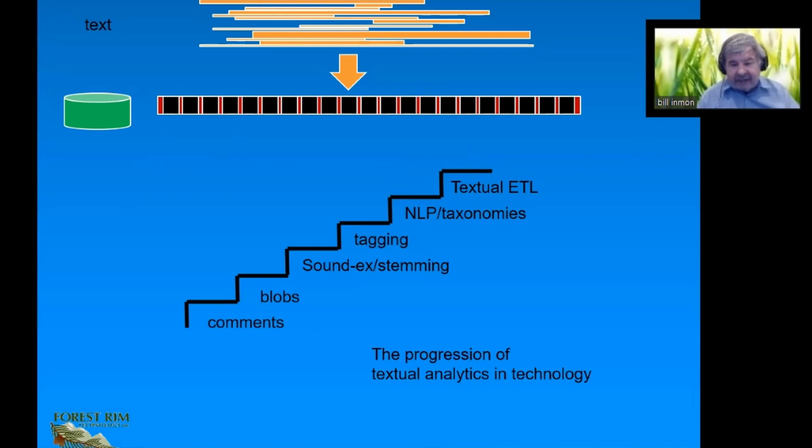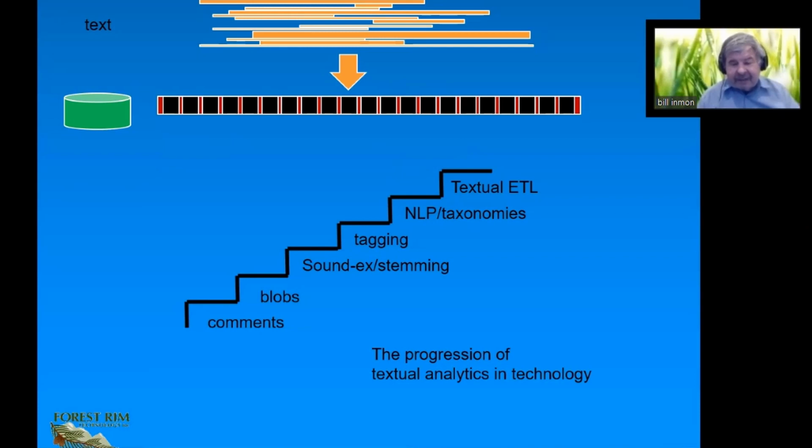And after tagging, we have NLP, taxonomies, and machine learning. All three start to make a genuine attempt to go into the world of text and make sense of it to where we can use it. However, there are a couple of limitations of NLP, taxonomies, and machine learning.